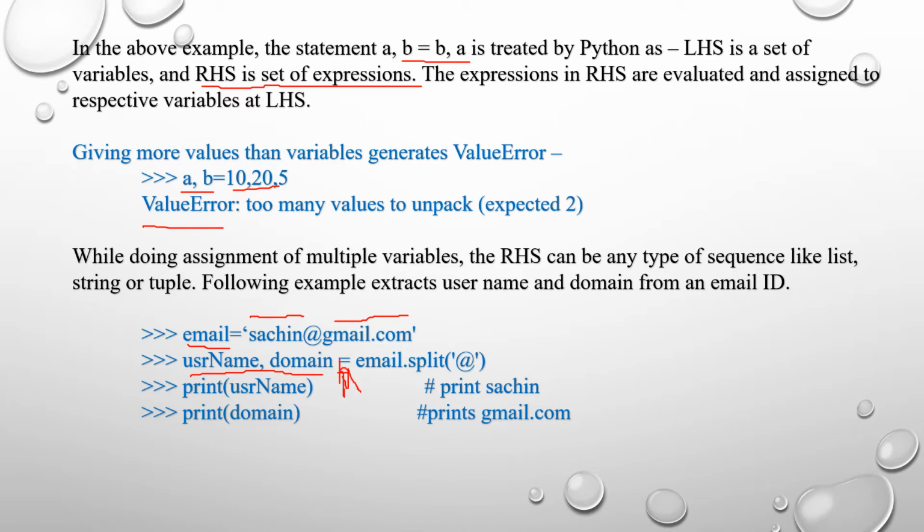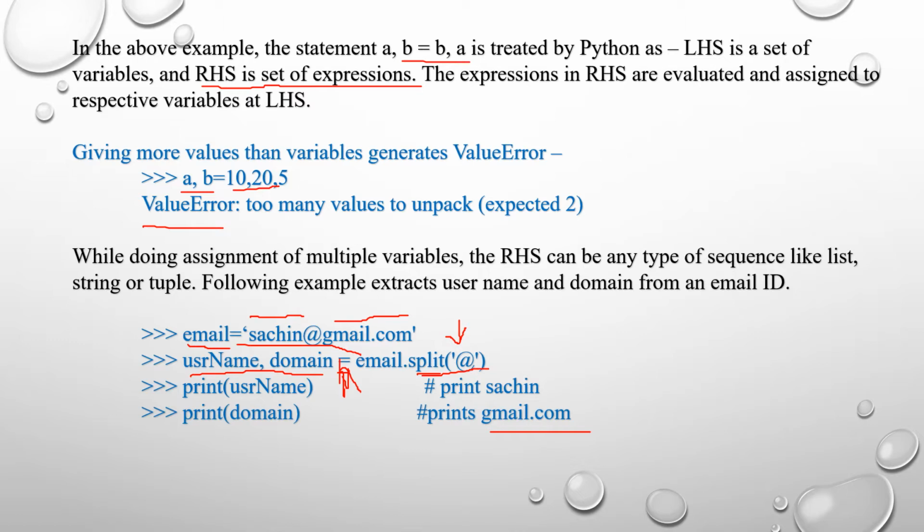Here I am calling email dot split function, passing the parameter @. If you print username, the Python interpreter will print sachin. If you print domain, the Python interpreter will print gmail.com.